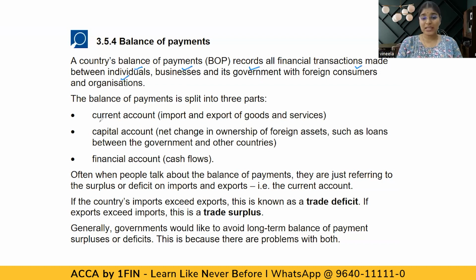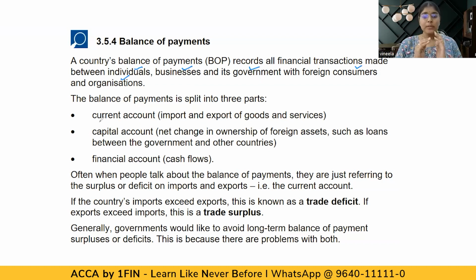So make sure you understand that balance of payments covers financial transactions made between individuals, businesses, and its government with foreign consumers and organizations. So let's take a small example for this concept.